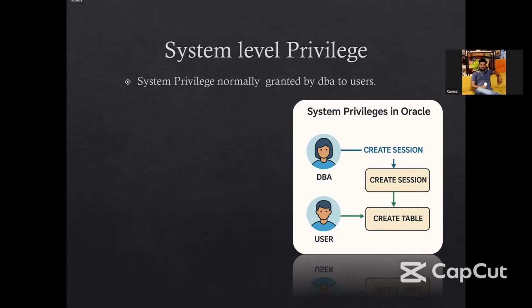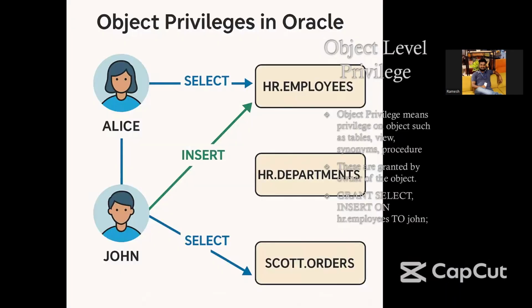For example, I'm creating a user, I just create the user, I didn't give any privileges. Okay, but the user is not able to connect to the database, right? Because that user doesn't have the create session privilege. So as a DBA, we should provide these privileges so that the users can connect to the database. Okay, so these kinds of things are the system privileges. Got my point?